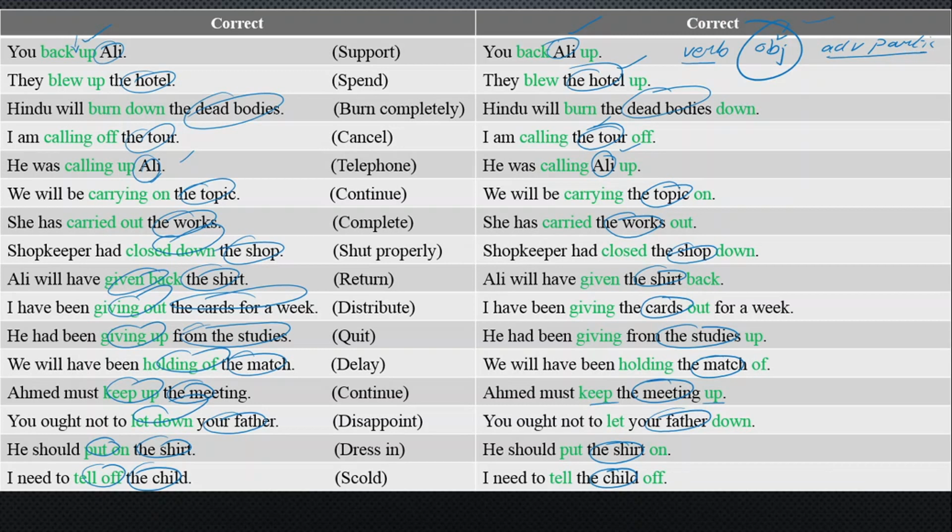These are the phrasal verbs which you can change into passive voice. They separate the verb and adverb particle, and the object comes in between. Now hope you got this one.